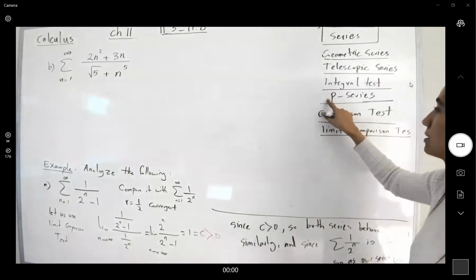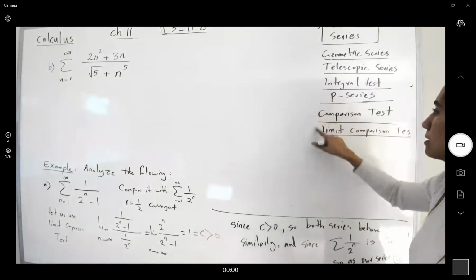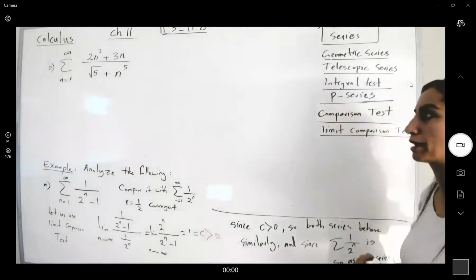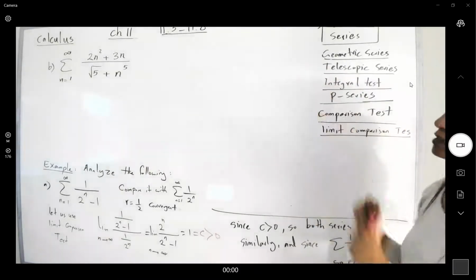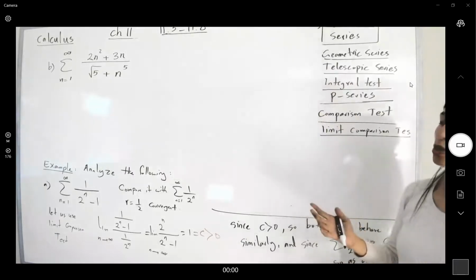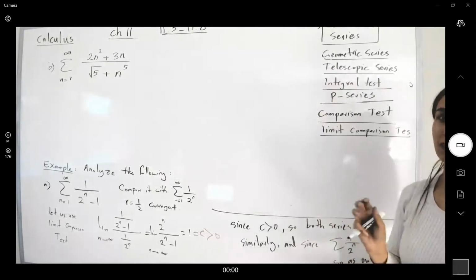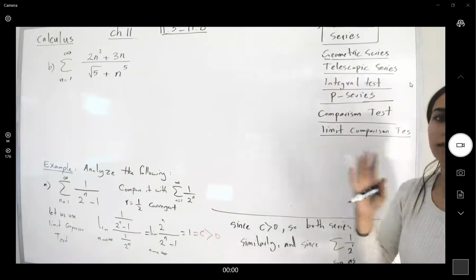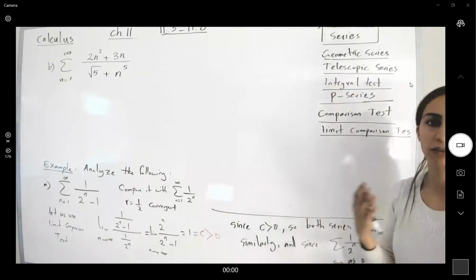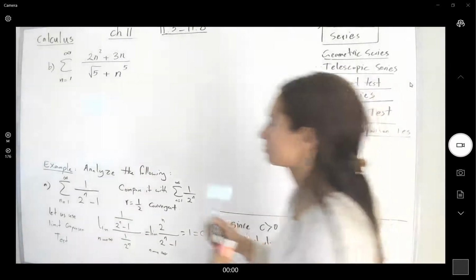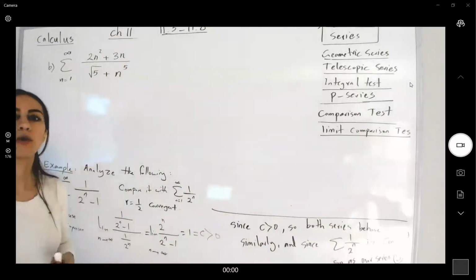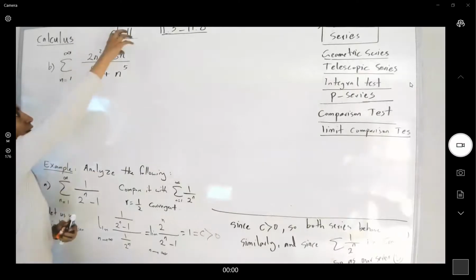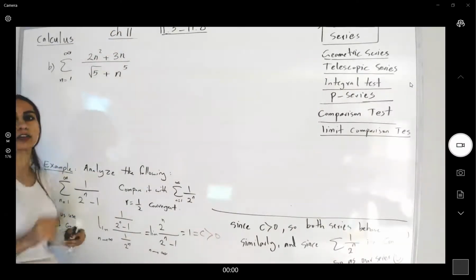P series, it's not a P series, either comparison test or limit comparison test. So first of all, we have a series and we need to find a series that we already know the behavior of. What I'm going to do is ignore the terms with lower power on the numerator and on the denominator.